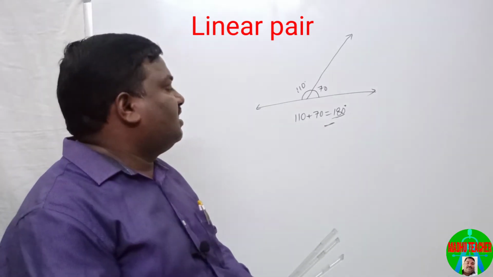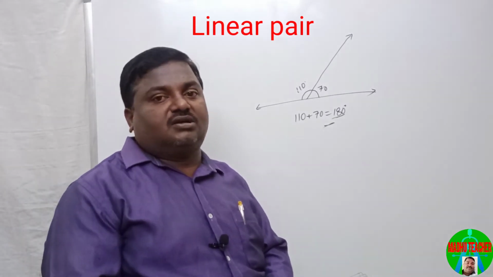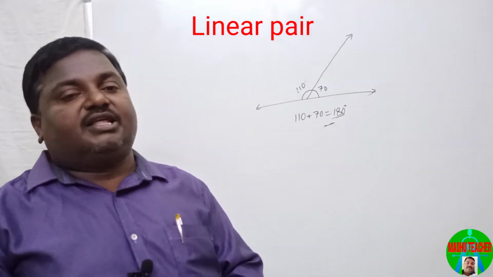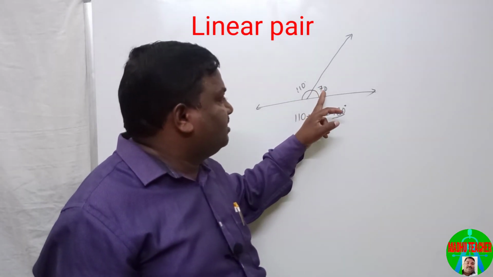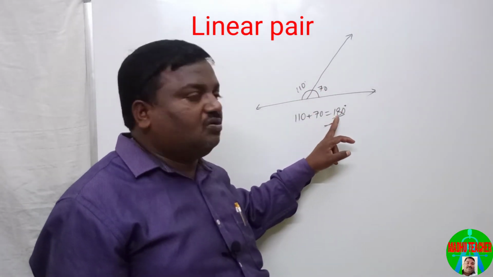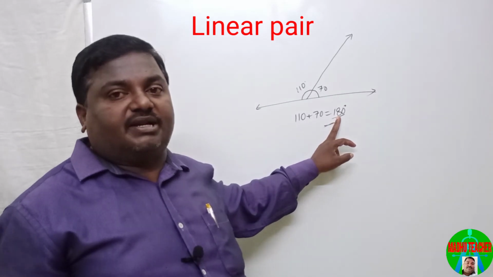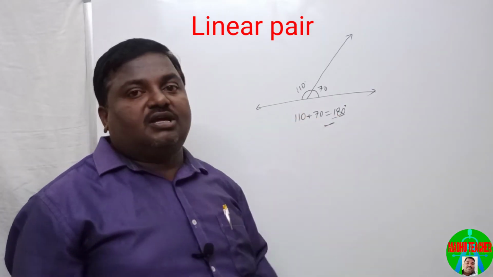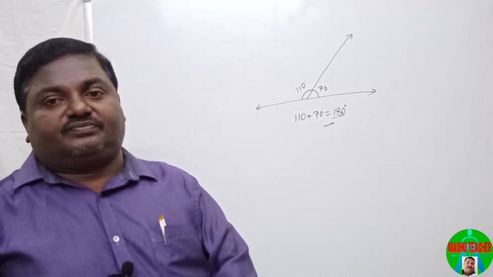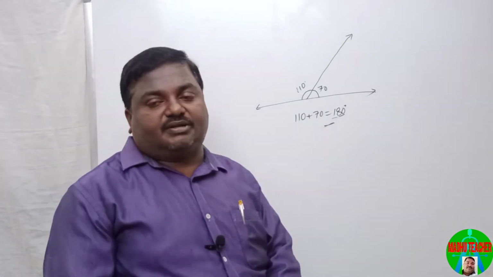If the two angles are adjacent angles and also supplementary, then they are a linear pair. They must be adjacent and also supplementary, then we can say that these two are a linear pair. Okay, so this is the linear pair.